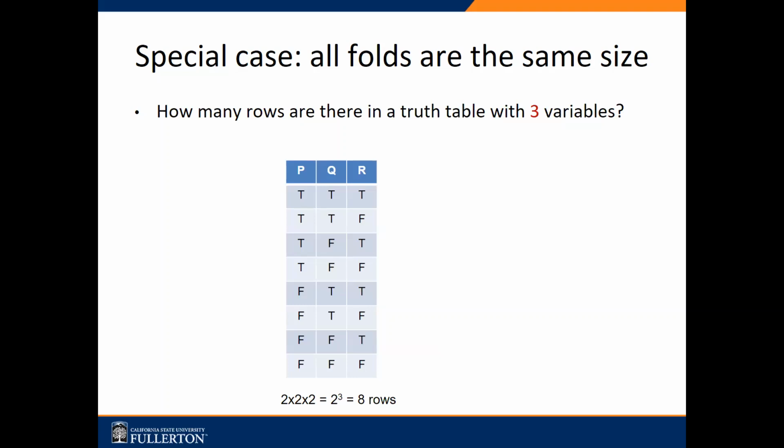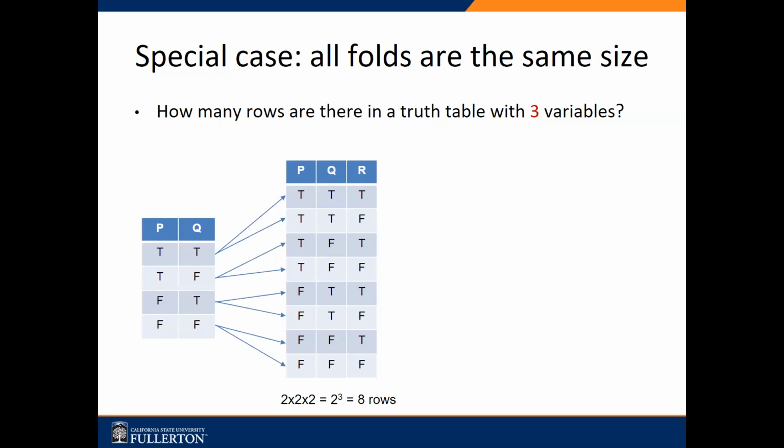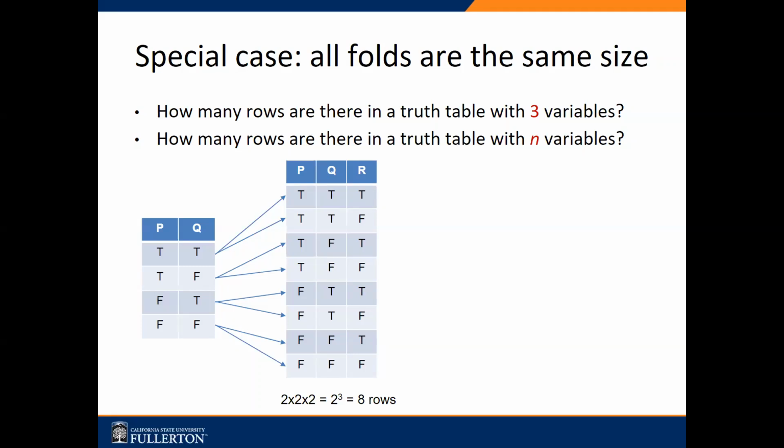Similarly, to get a truth table for 3 variables, note that each row of the 2-variable table gives rise to 2 rows, one for each value of the third variable. That is, we again fold by 2. So the total number of rows is 2 times 2 times 2, or 2 raised to 3, which equals 8. So in the general case, if there are n variables, there will be 2 raised to n rows.